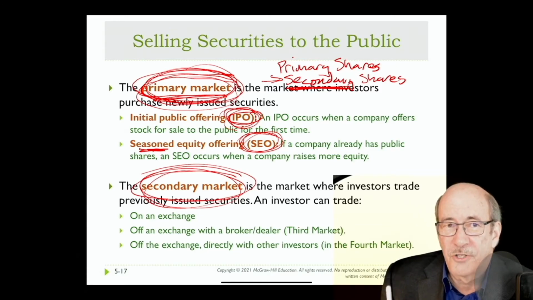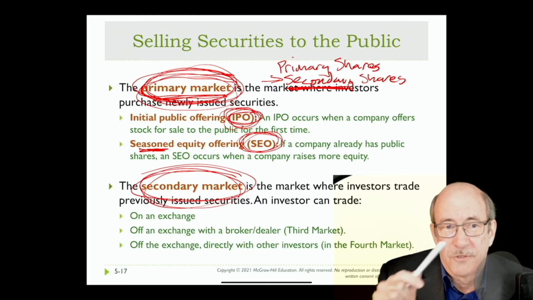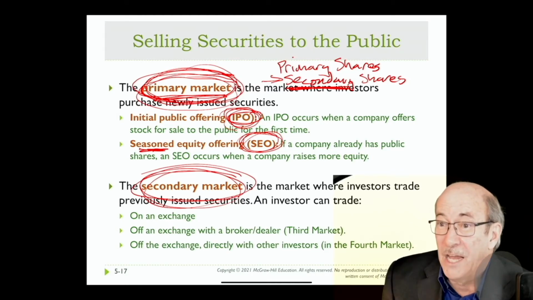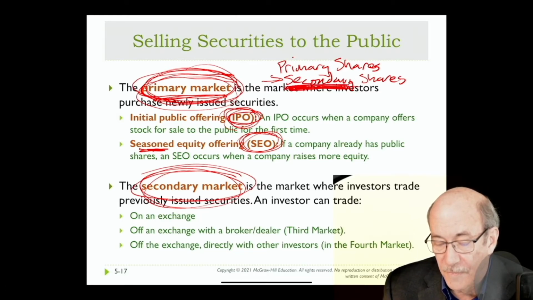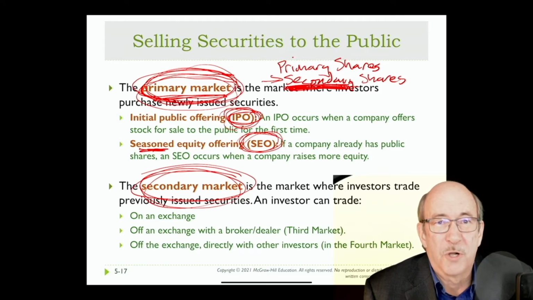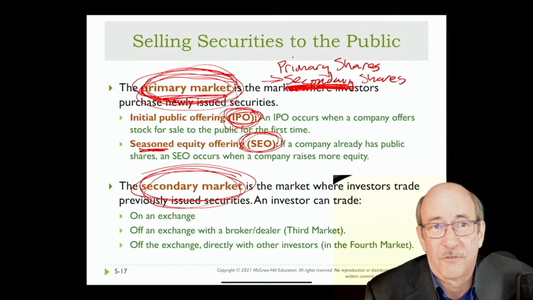Where the dollars go is from the first public investor to the founder or to the venture capitalist, not back to the company. Those are secondary shares. The importance is that if they're secondary, the cash doesn't go to the firm, so the firm can't engage in new investments, new projects.